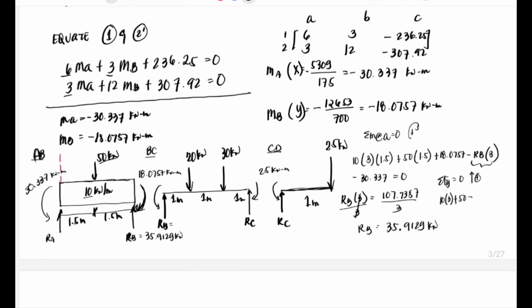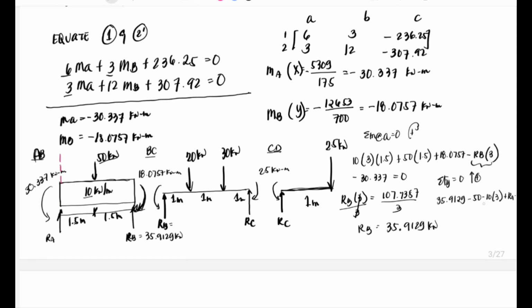I-minus nyo lang po. Sige, i-good for natin yung upward positive. Okay, we have 35.9129 minus nyo yung 50, minus nyo yung 10 multiplied by 3. And then, we have RA plus RA should be equivalent to 0.